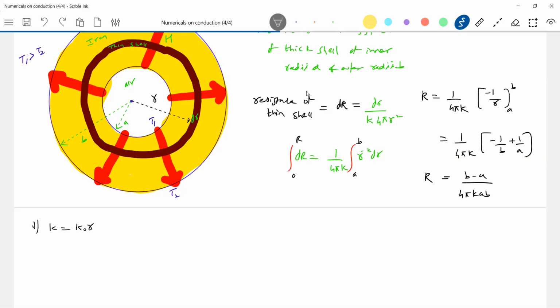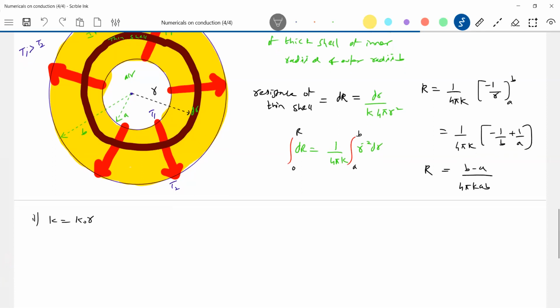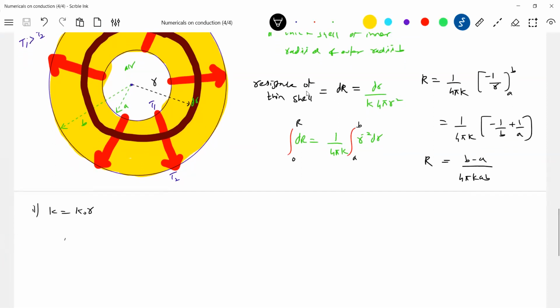So what we do is dr over K, where K is K naught r, times 4 pi r square. The limit will be A to B.